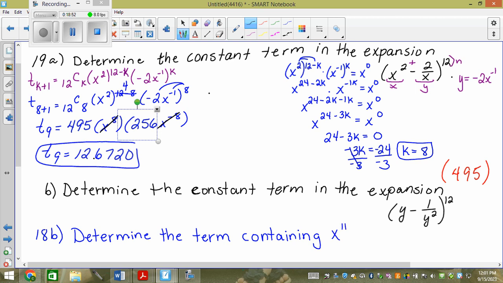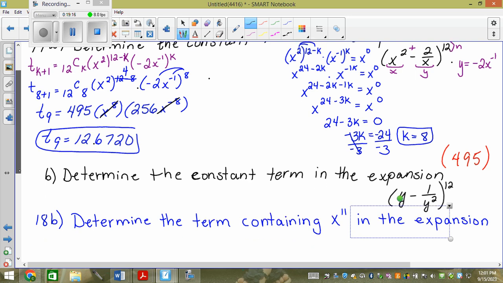So constant term I think is harder than the one that's x to the 11, because if I say constant term, you have to know it's x to the 0. Determine the term containing x to the 11 in the expansion of x squared minus 1 over x to the 10.